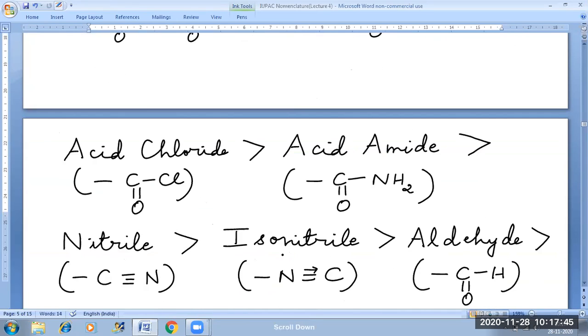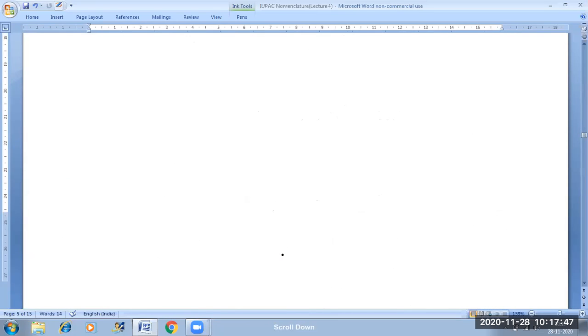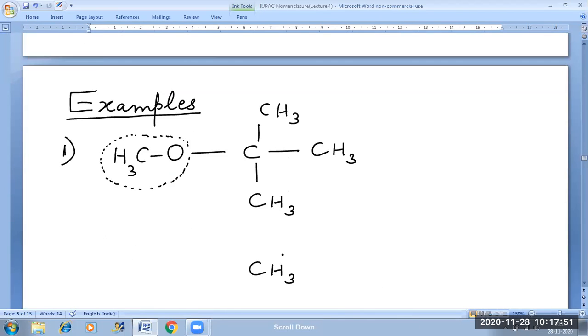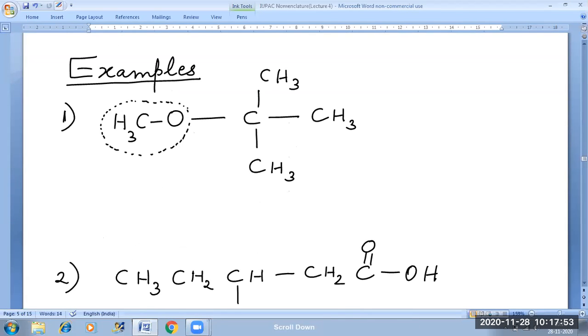Fine, let's go ahead. Once we have identified that OCH3 is present in a compound, we can focus on the remaining portion of the compound. The remaining portion is simply hydrocarbon, right? If I leave OCH3 apart, I don't see any other functional group present in the remaining molecule.